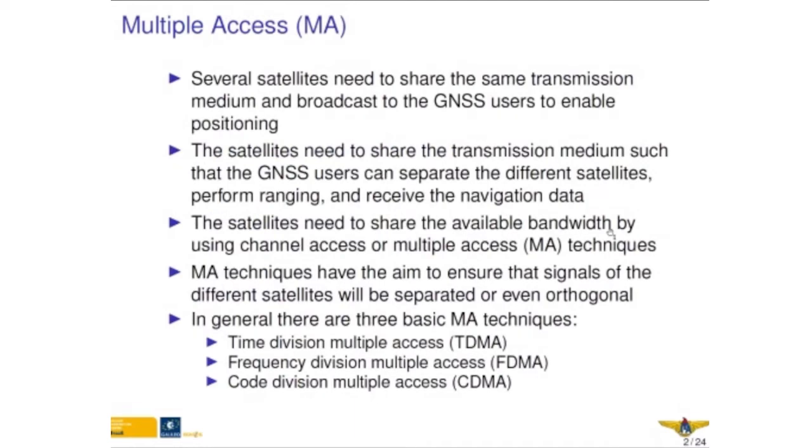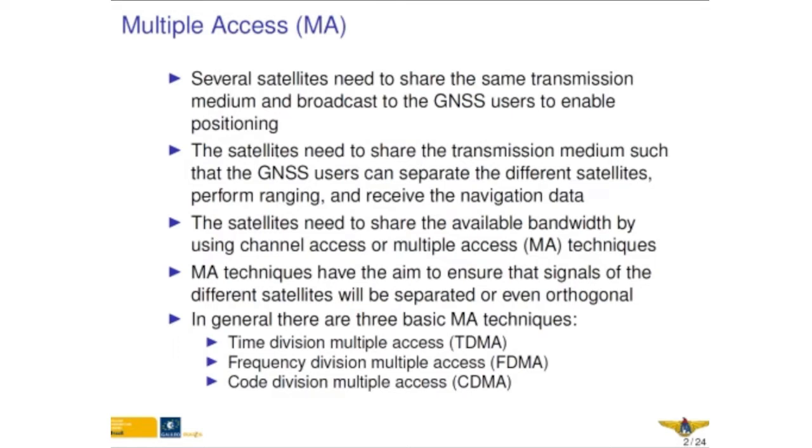Several satellites of satellite navigation systems need to share the same transmission medium, and they broadcast to the GNSS users to enable positioning. The satellites need to share the transmission medium such that the GNSS users can separate the different satellites, perform ranging, and receive the navigation data.